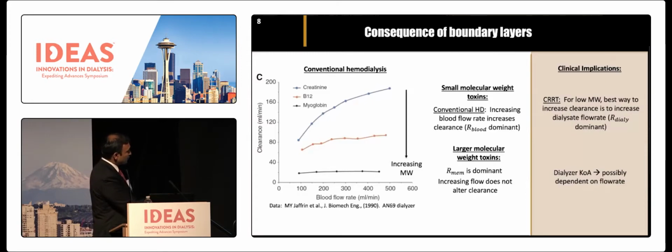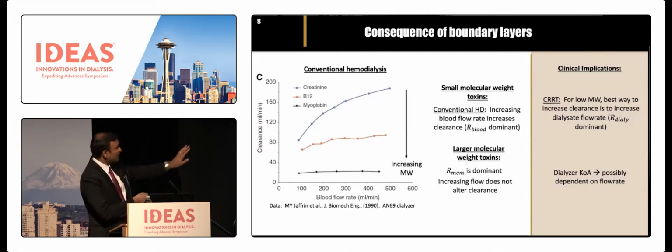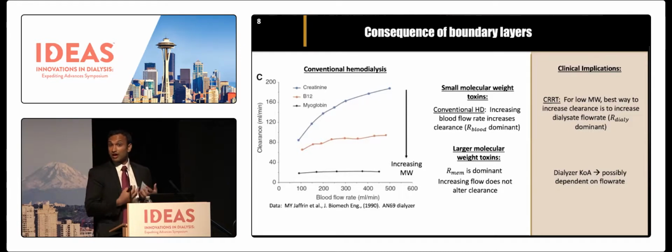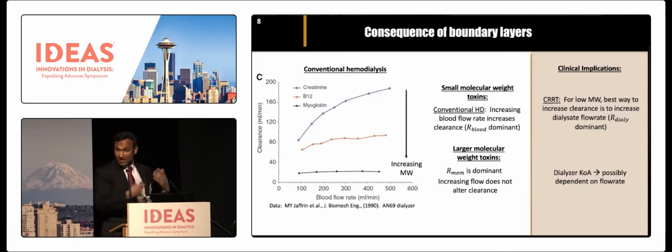Another thing that's important to mention is that typically dialyzer manufacturers list a number that's known as a KOA. This is just a number that gives you some information about how easily you can clear toxins. You should note that at least for small molecular weight toxins, because the clearance depends on the flow rate, this is going to depend on the flow rate as well.